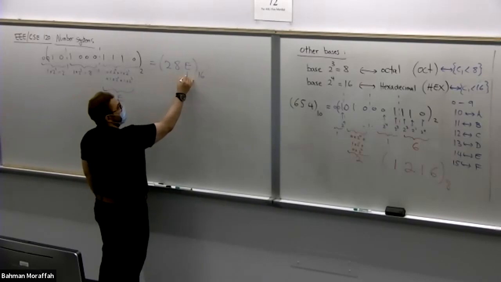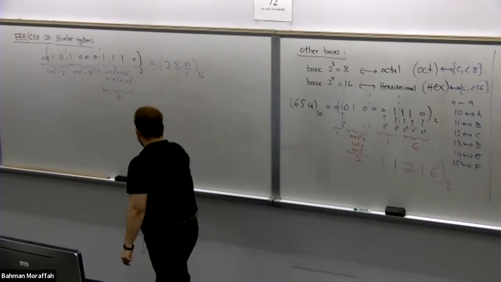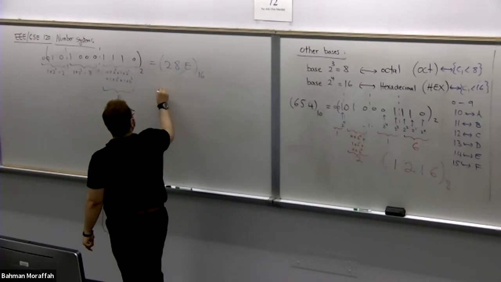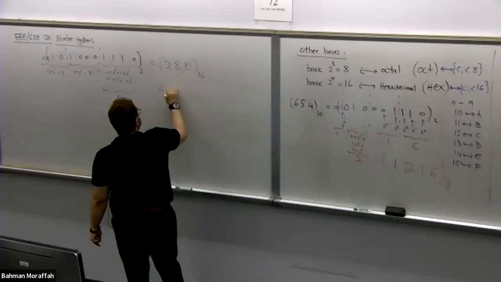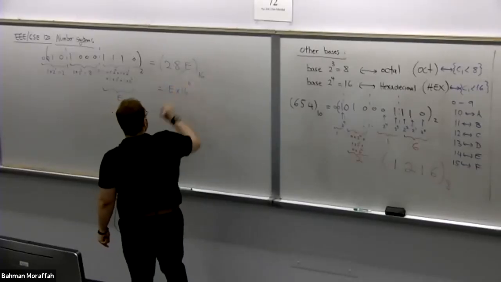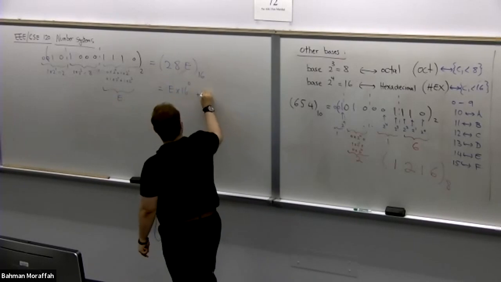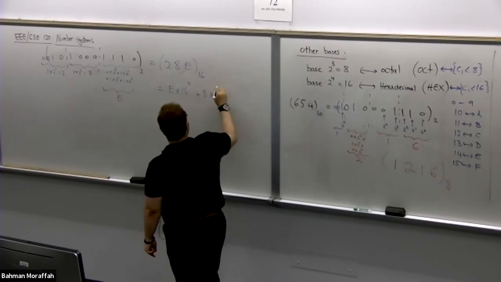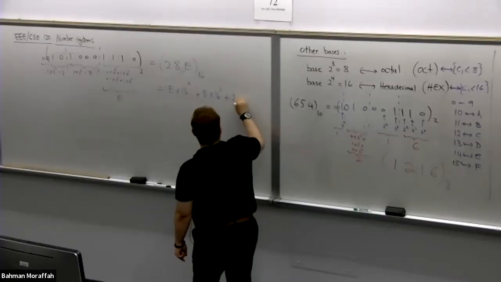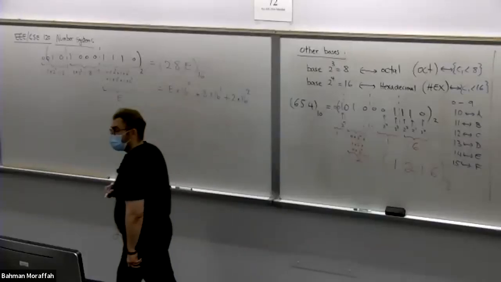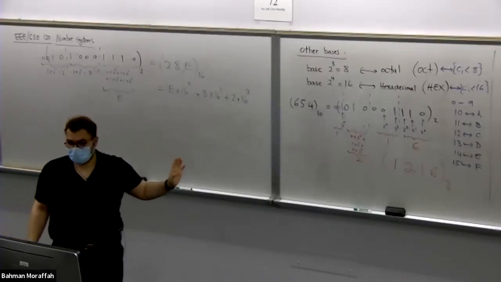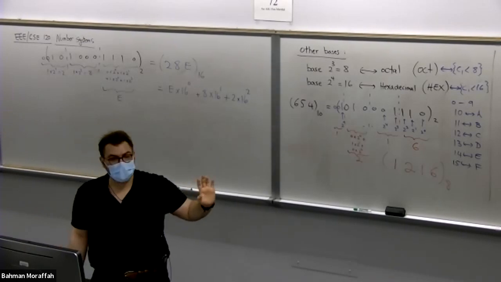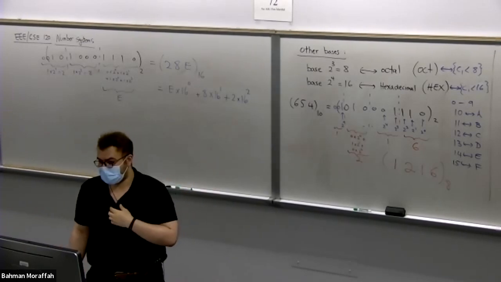If I were to write it in terms of the summation that we had before, it would look like this: B times 16 to the power of 0, plus 8 times 16 to the power of 1, plus 2 times 16 squared. Is that clear to everybody? Is that clear to you guys on the Zoom?